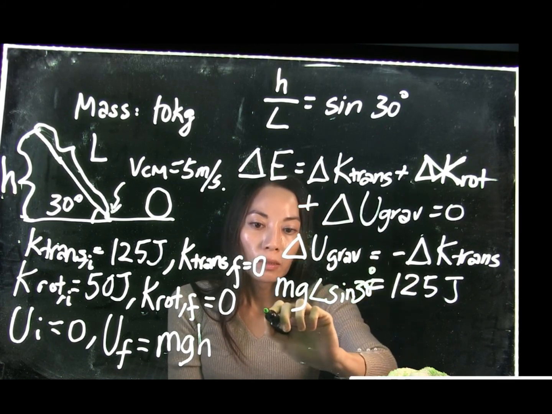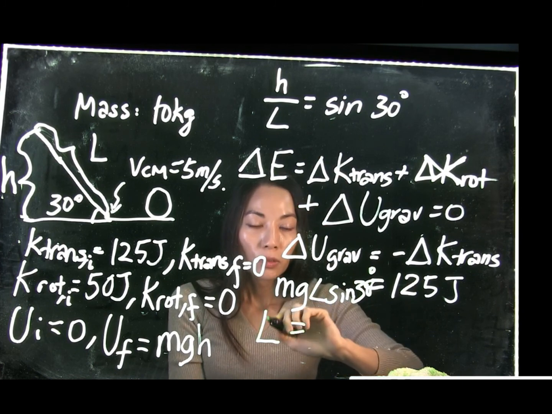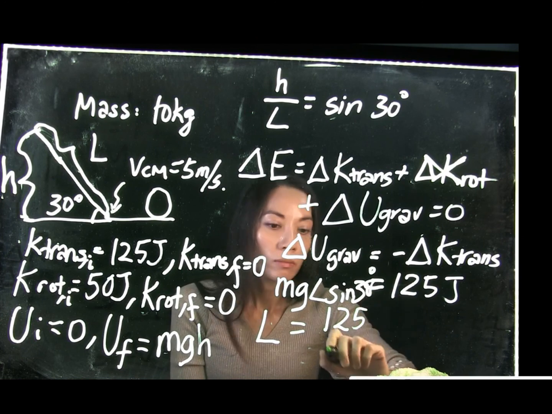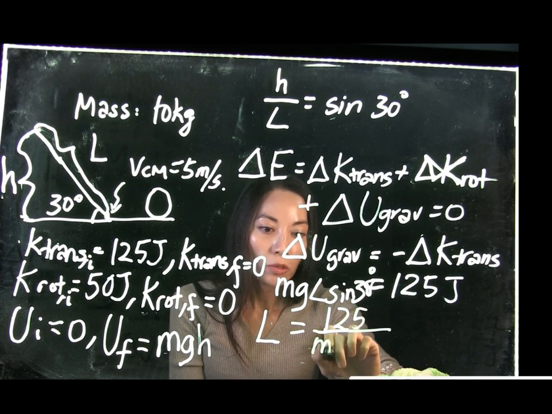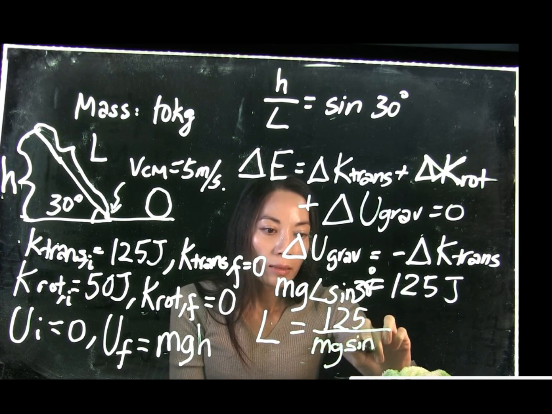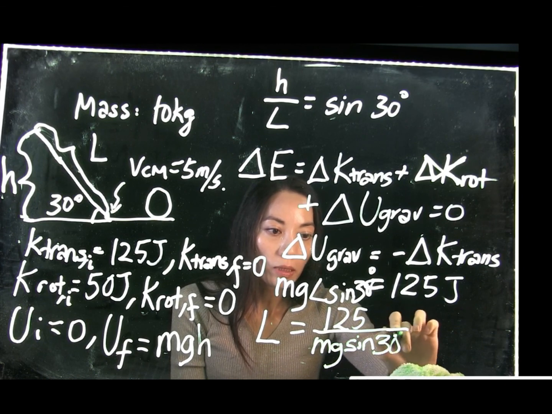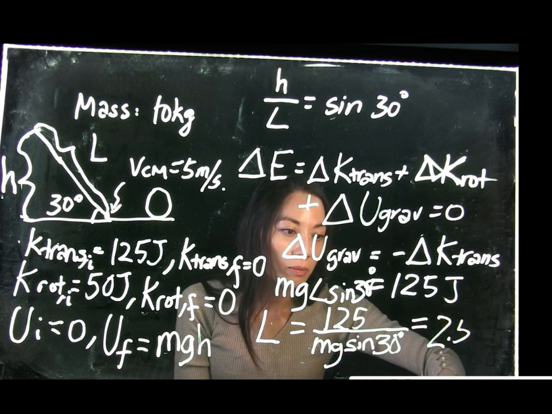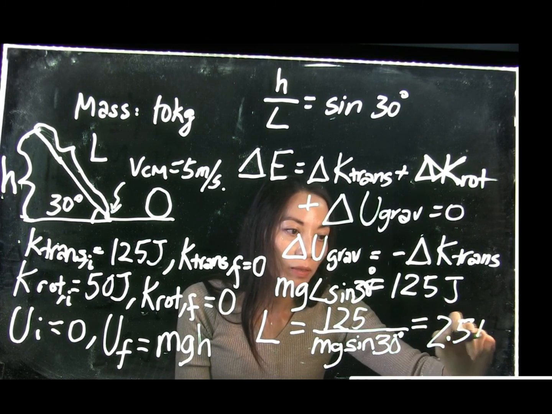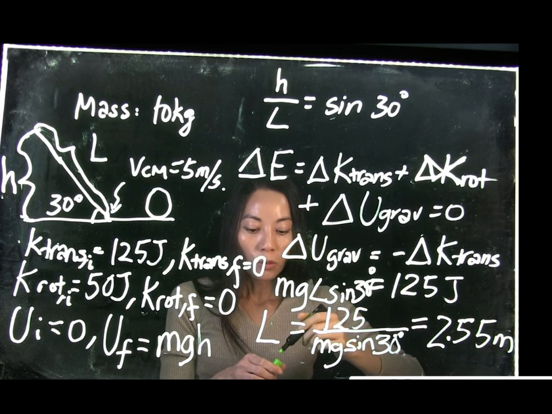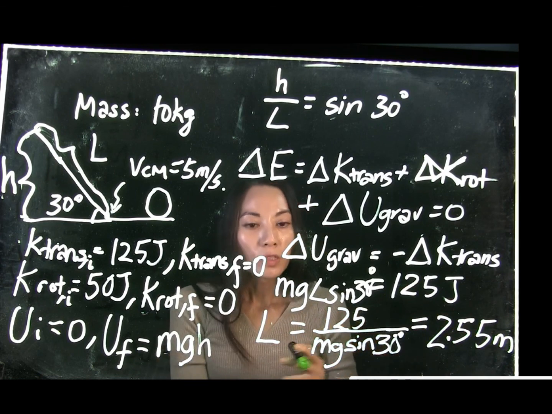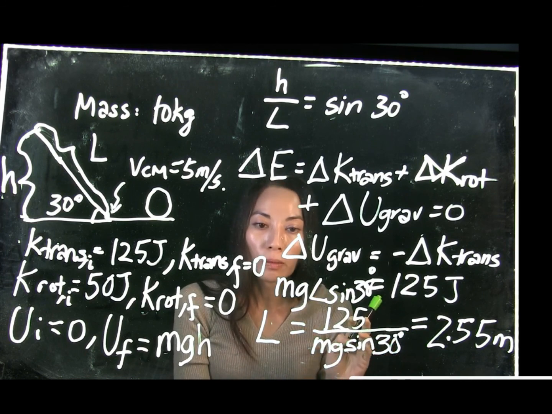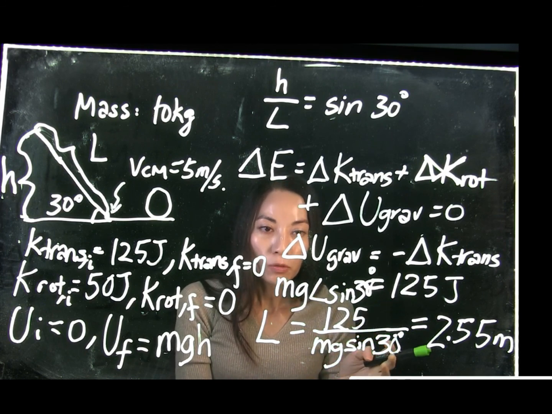And that gives us L, the distance up the ramp, equal to 125 divided by mg times sine 30 degrees, and that gives us a final value of 202.55 meters. So we can see that without friction, the sphere rolls a distance up the ramp far less than if there is friction.